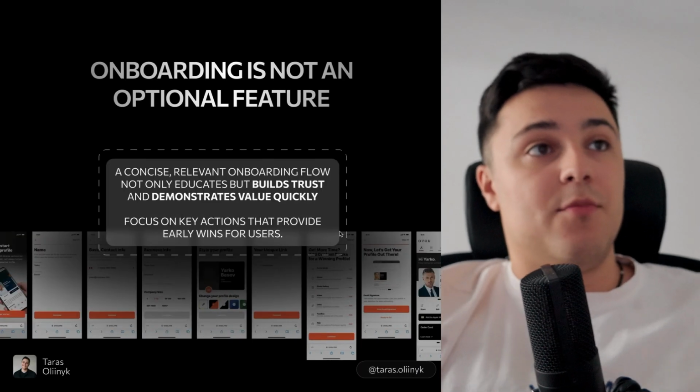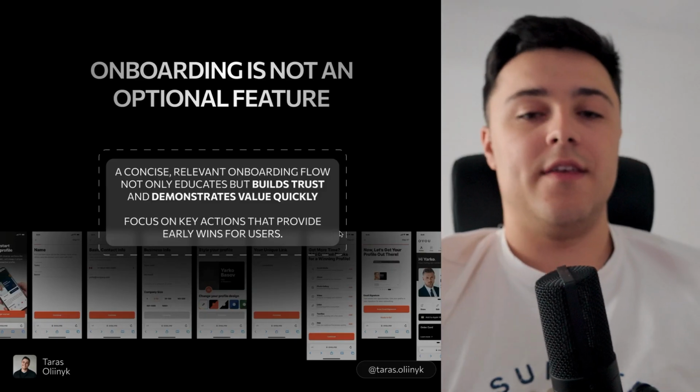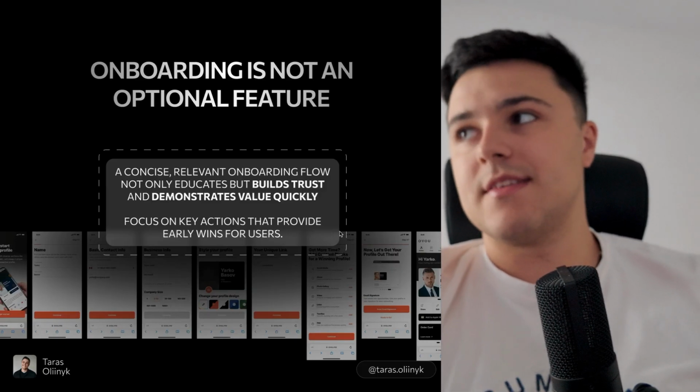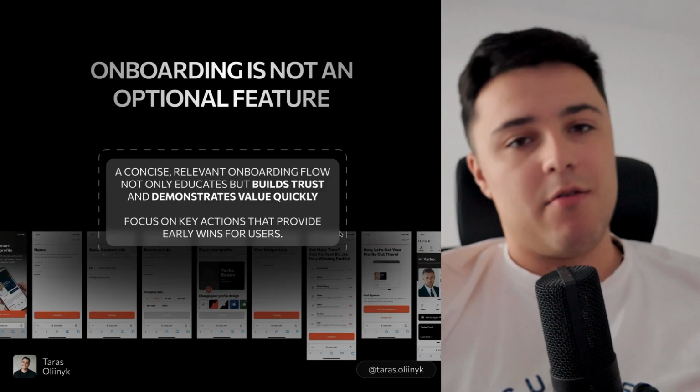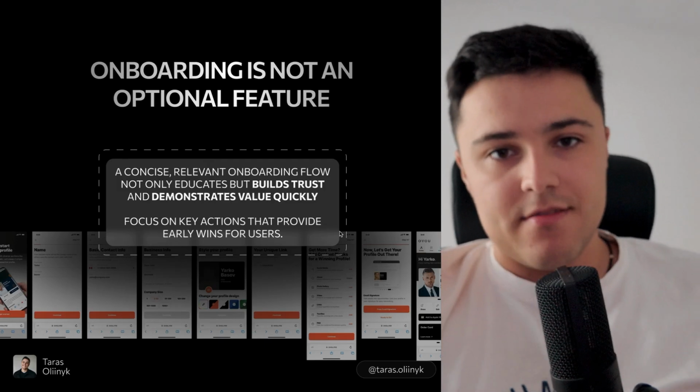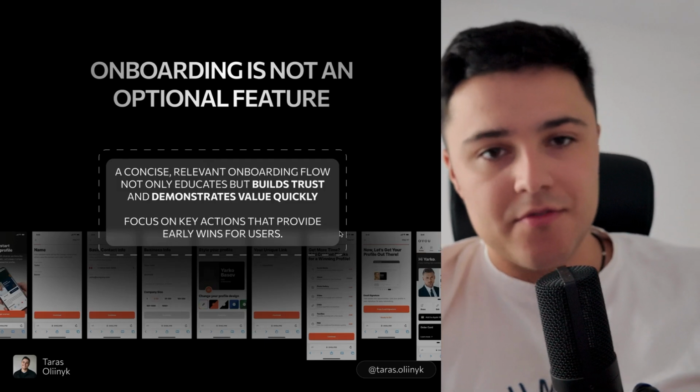The second thing is of course onboarding, and that's not optional anymore. Many have the wrong opinion that everyone skips onboarding. Yes, if the onboarding is boring, everyone will skip it.